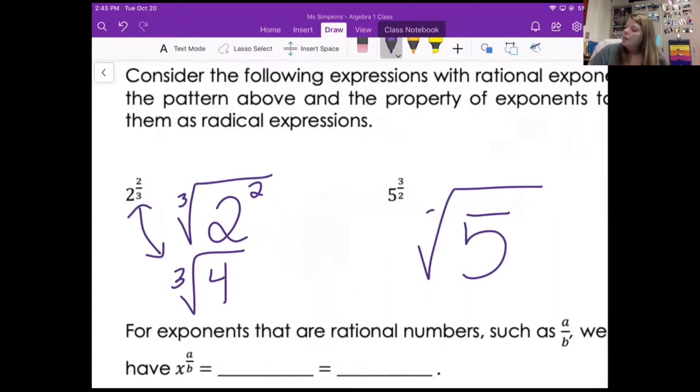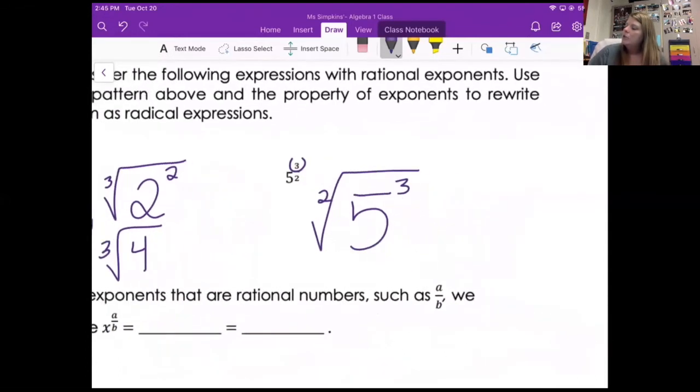Now, for our purposes, for now, I'm just going to write it. But if there were no number there, we just assume that it's a 2. And what exponent am I going to raise that 5 to? The third, because that is the top number in our fraction. And let's go ahead and do that. 5 to the 3rd power means 5 times 5 times 5, which is 125.